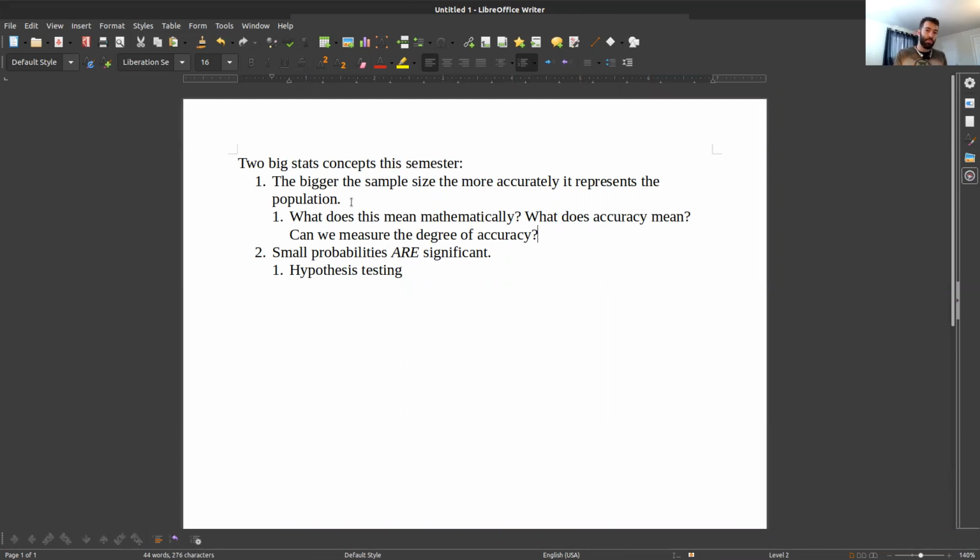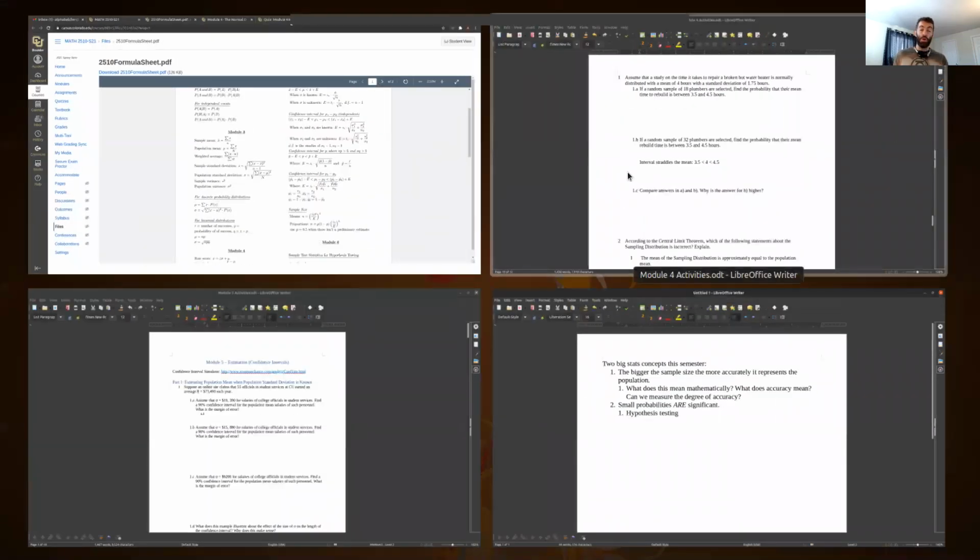In other words, if we are computing the mean of our sample and we want to compare it with the mean of the population, then the bigger the sample we take, the sample mean should be closer to the population mean with a higher probability of success if the sample size is bigger.